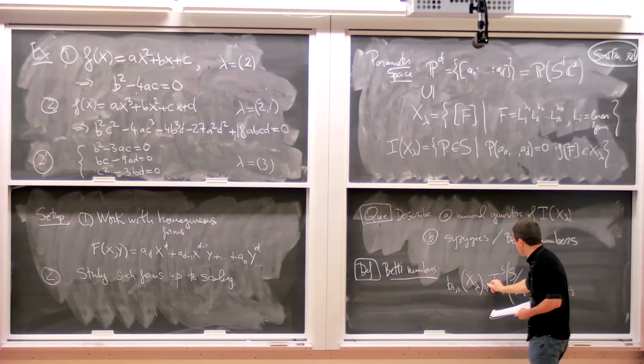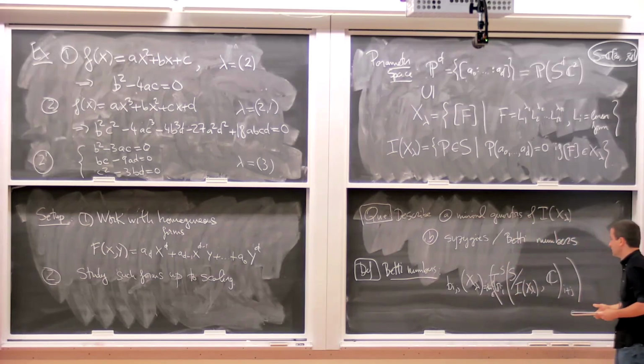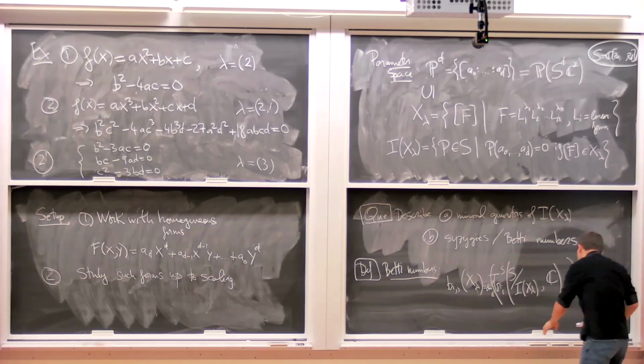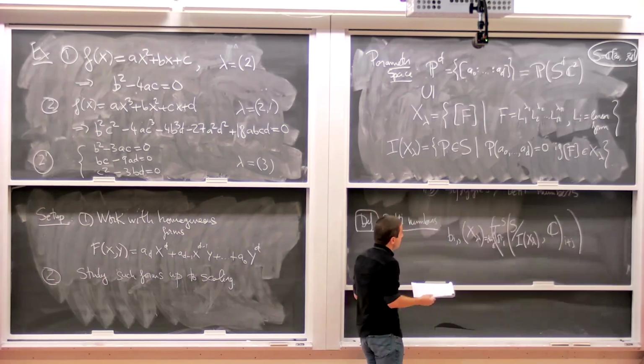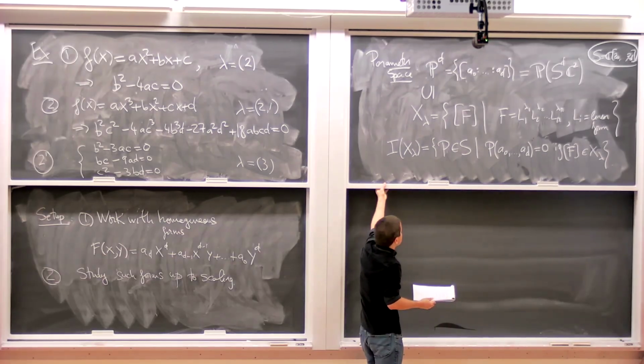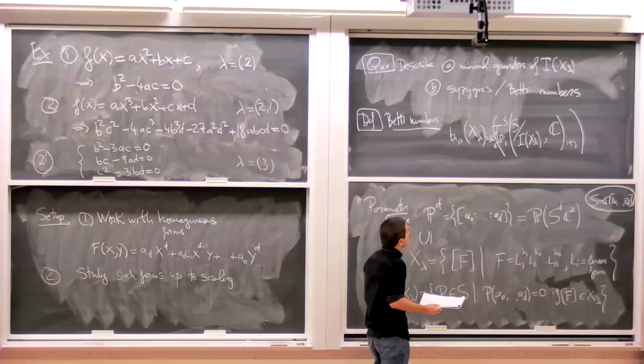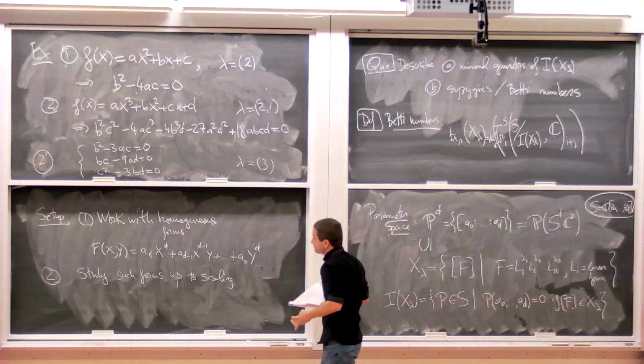I have to take the dimension of this vector space over the complex numbers, and this is the Betti number Bij. Okay, and well, in this commutative algebra, we take these Betti numbers, we put them in a table, and we try to study the table.